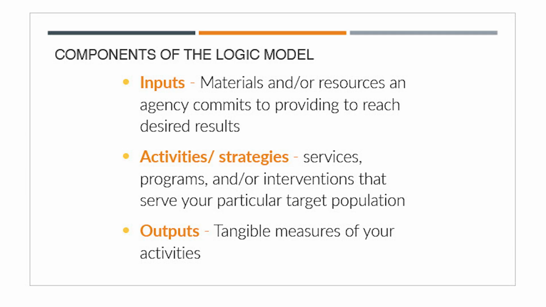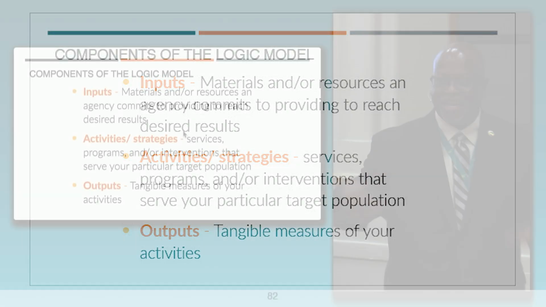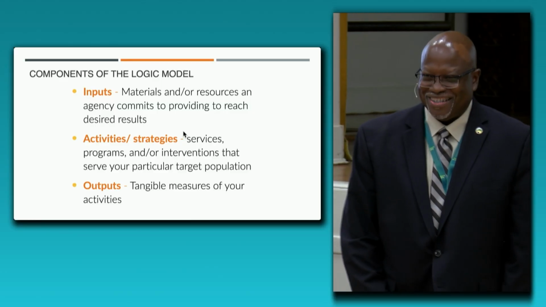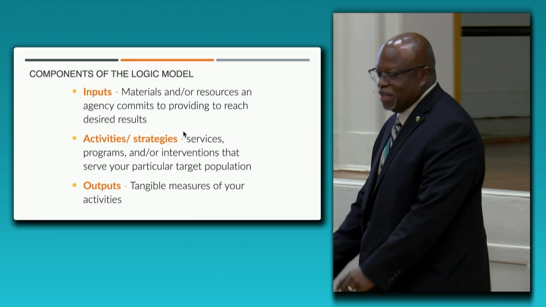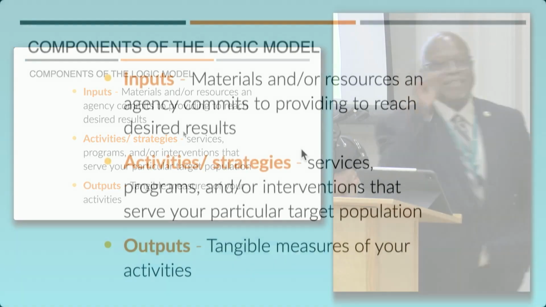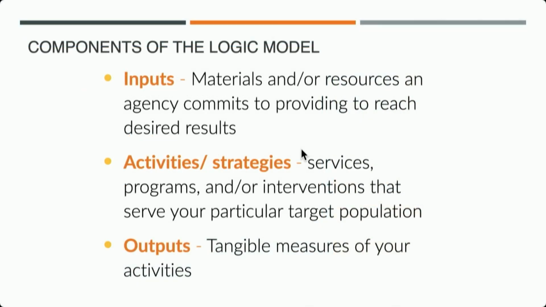Let me give you another one. I'll go through each of them now individually, so you don't have to remember everything I just said. I wrote a summary for each one in the slides. Number 1, inputs: materials or resources that your agency commits to providing to reach the results. Any activity that your agency provides, personnel, volunteers, equipment, all of those are considered inputs. All right? Very important.